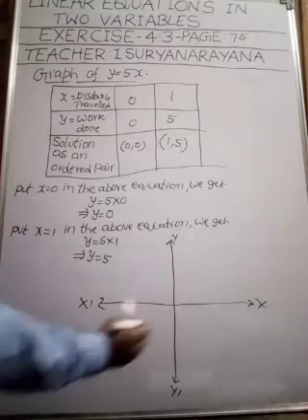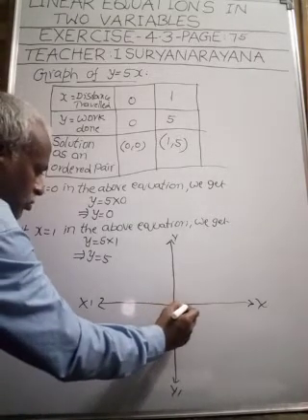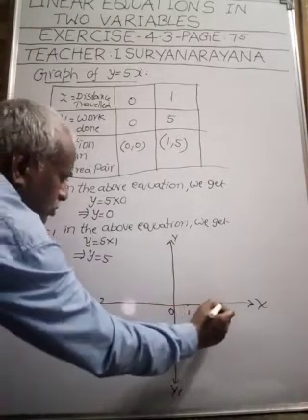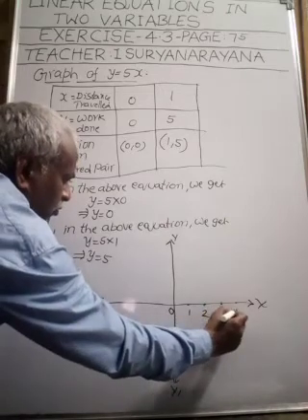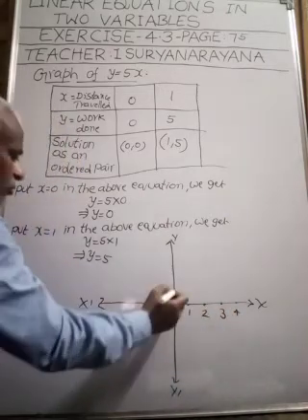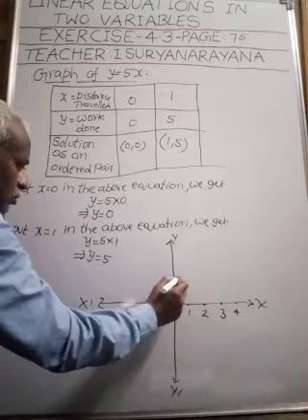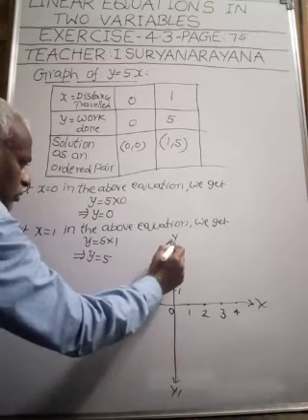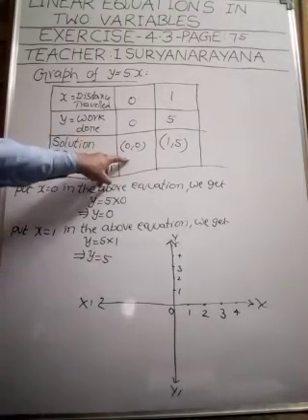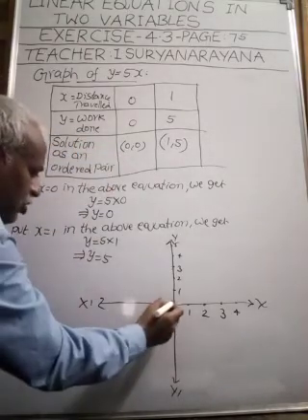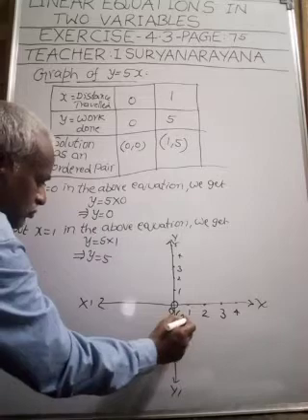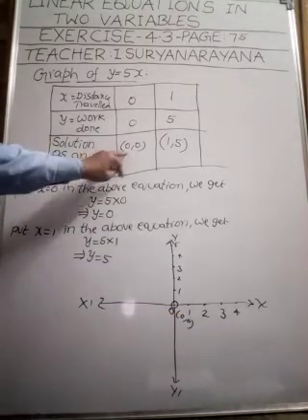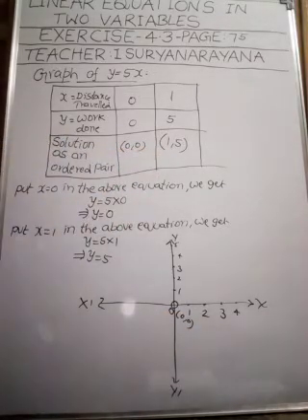Okay, my children. So here 0, 1, 2, 3, 4, and here 1, 2, 3, 4, 5. So let us plot this point 0, comma 0. This is the first point. Second point 1, comma 5.